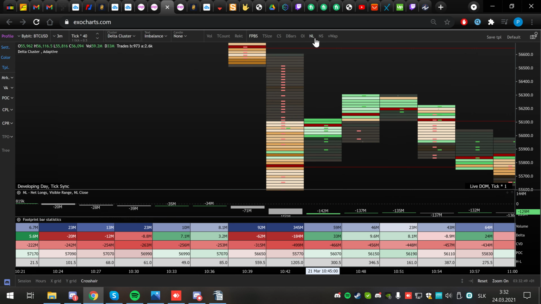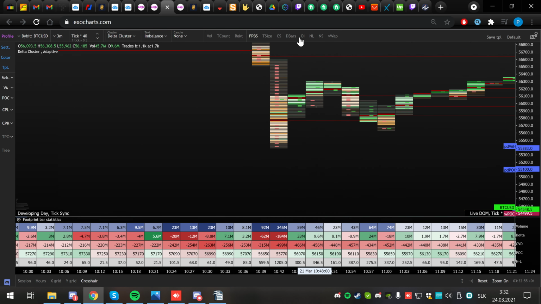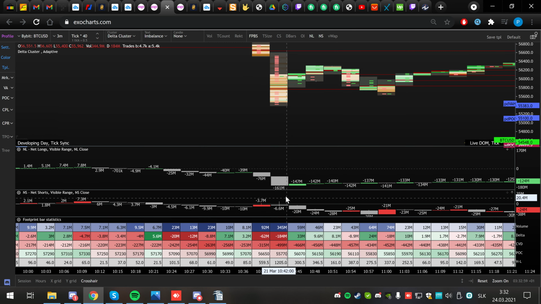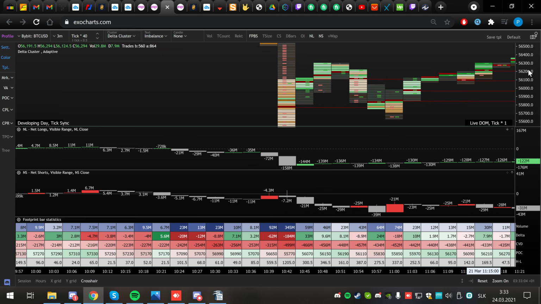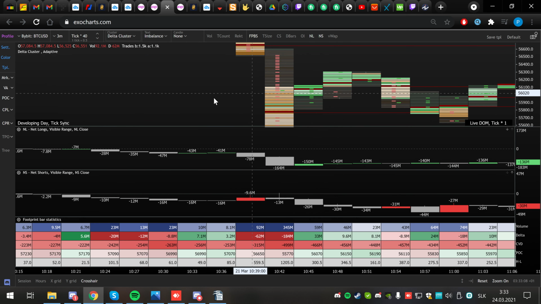And now I can turn on what exactly happened in the candle, and I can tell you right now. I turned on the net longs statistics.